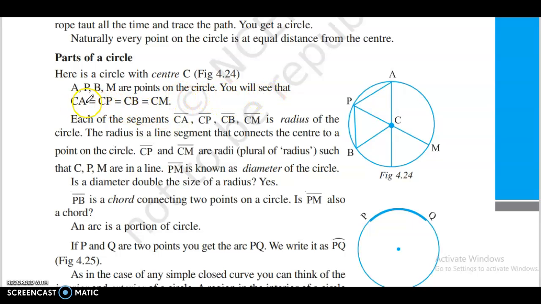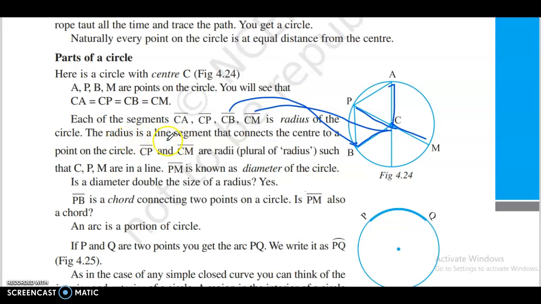You will see that CA equals CP, CP equals CM. Each of the segments CA, CP, CB, CM is a radius of the circle.